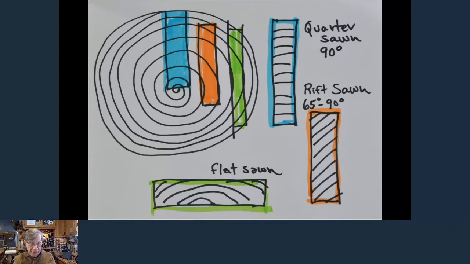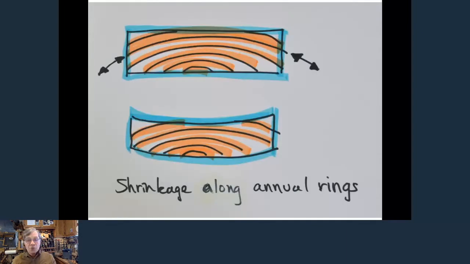You can plane it off, you can plane it flat, get it four square, but it will tend to be a more reactive wood through moisture changes than rift sawn or quarter sawn, and it can cause you some problems. Now, we're going to talk about equilibrium moisture content in a little bit, and that's really important for stabilizing your wood. So that's a big part of what you can do to overcome problems with unstable wood.